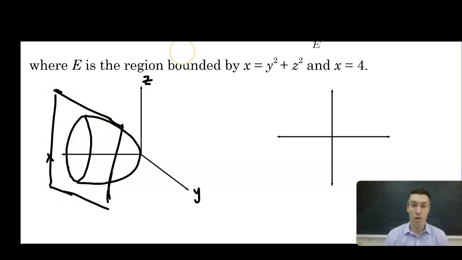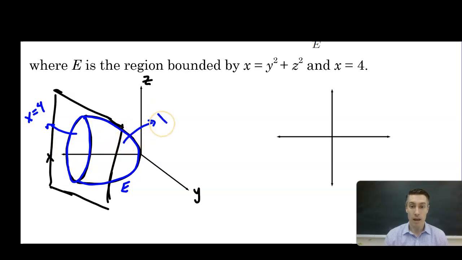Right? So there's our region. I'll use the blue marker just to really exemplify. That's the region E. Here we have x equals 4, defining that disk that closes the region.